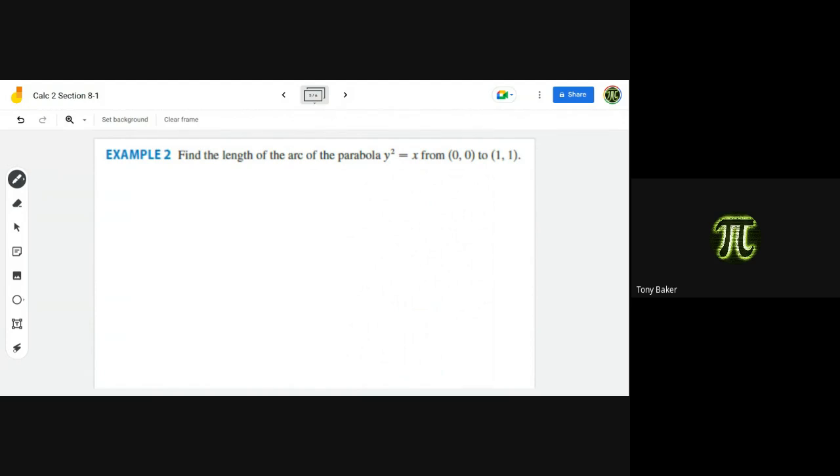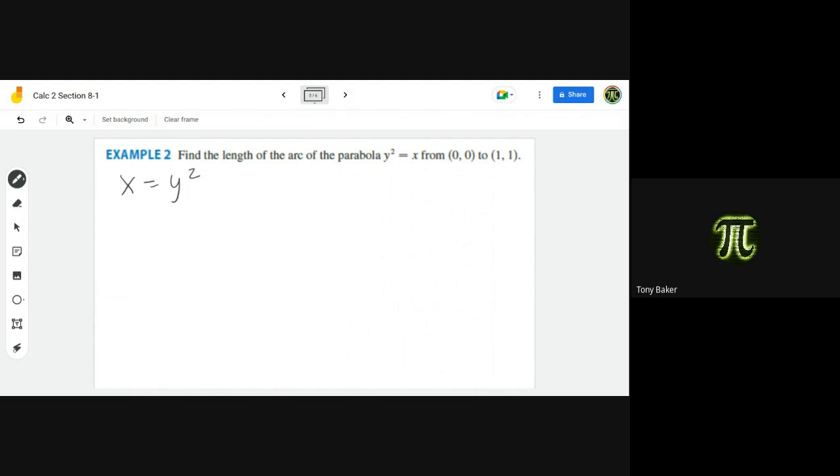All right, let's look at this one. What are we starting with in this one? Yeah. So we have x equals y squared. There's no point in changing it to the square root of x.